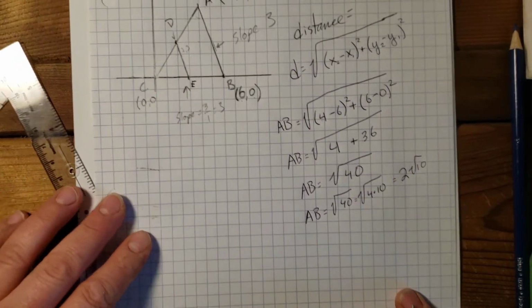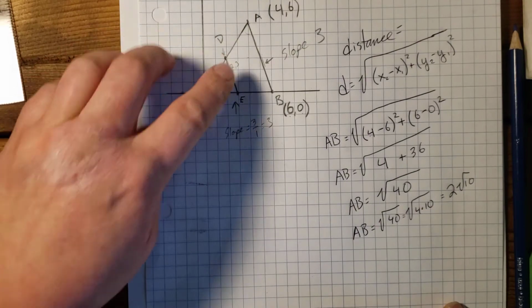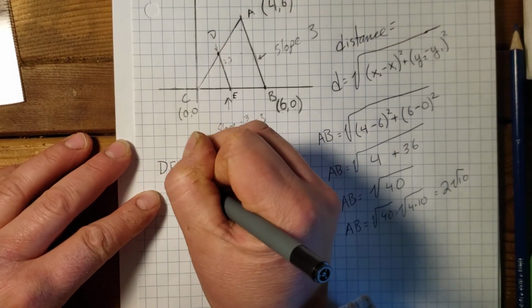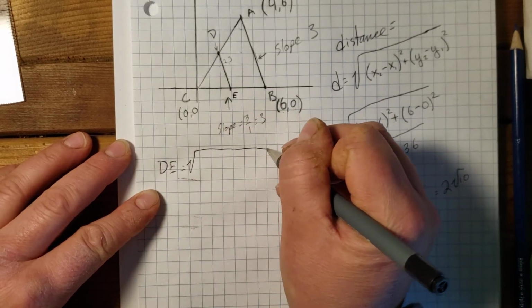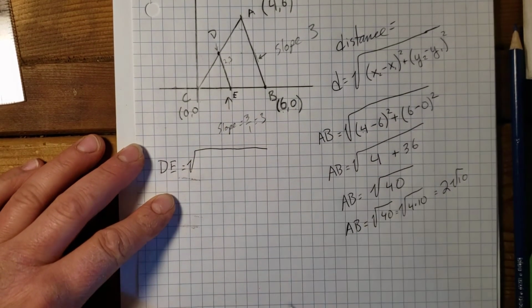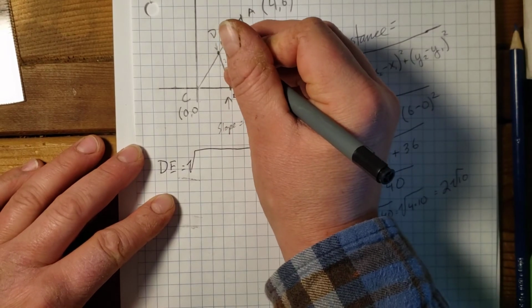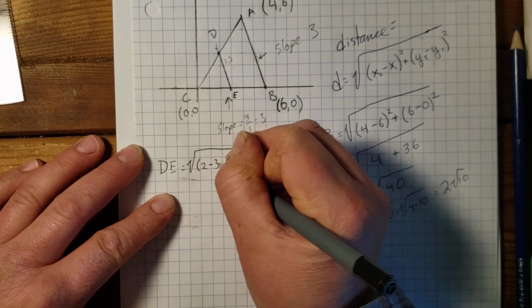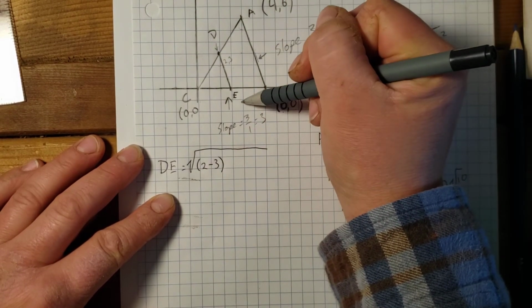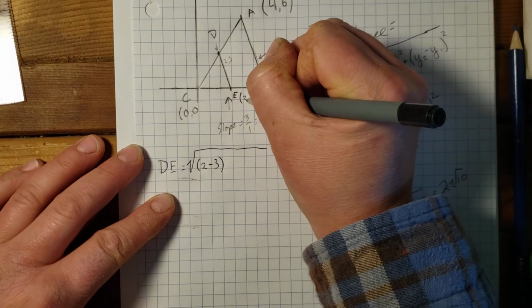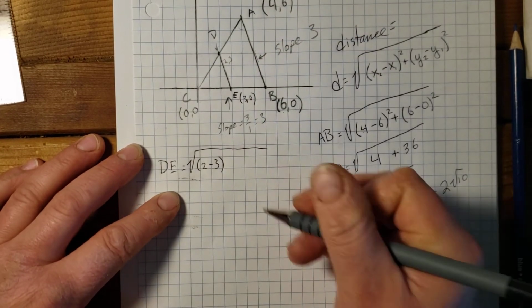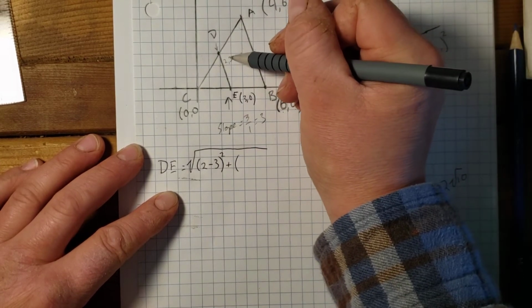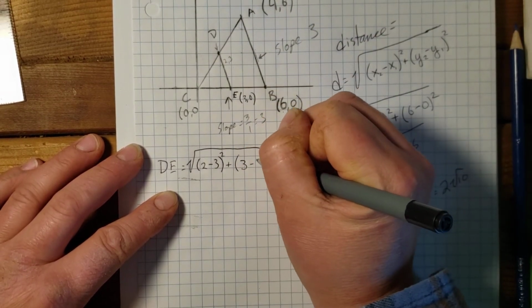All right, to finish this off, we need to calculate the distance of D to E. So the distance of DE is equal to the square root of, this is 2 and 3, so we'll make D our second point. So 2 minus 3, x2 minus x1, this point right here was 3, 0, squared, plus 3 minus 0 squared.